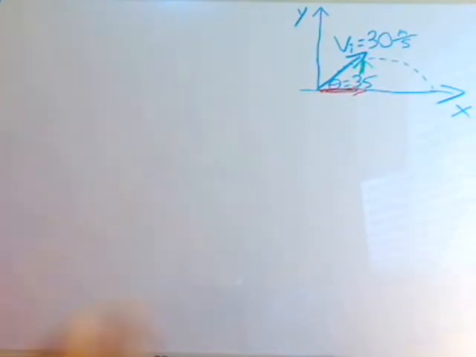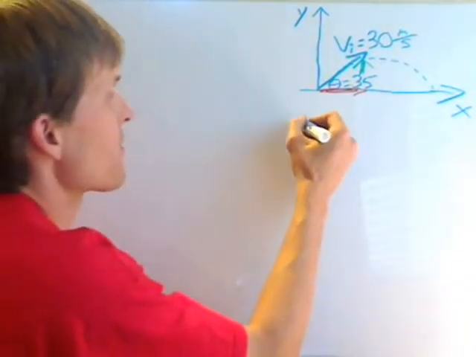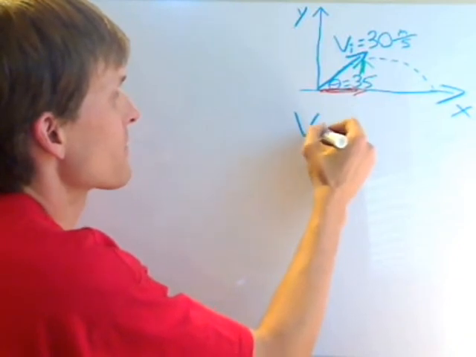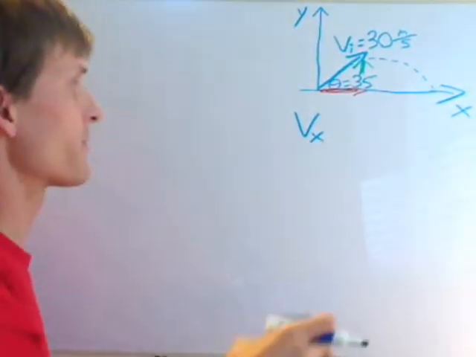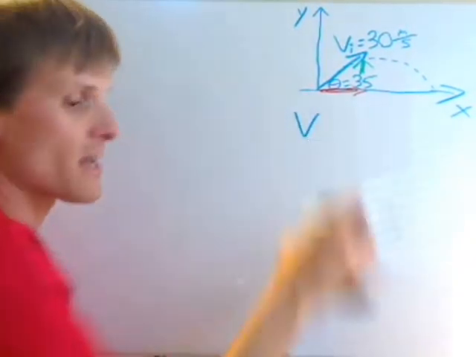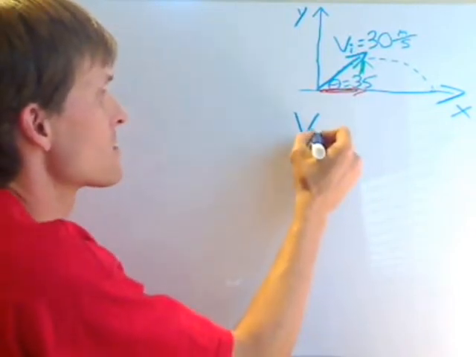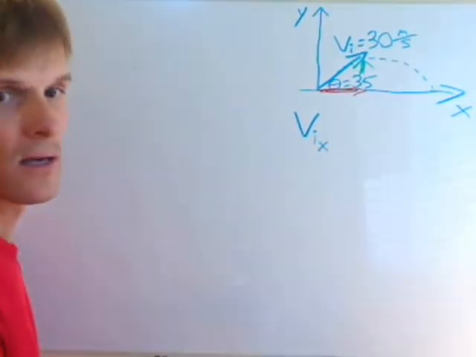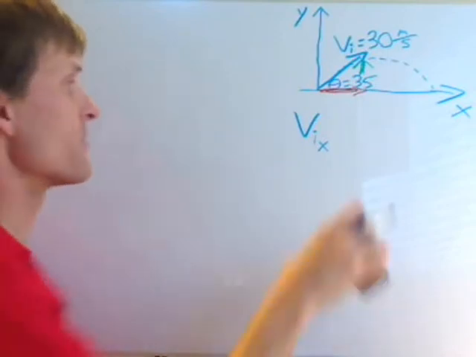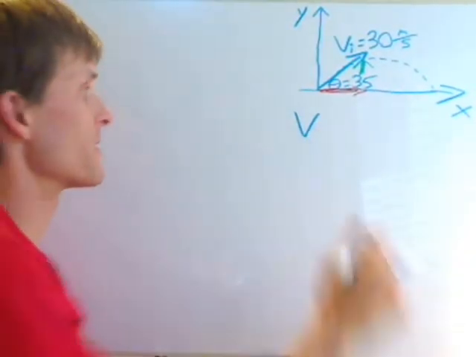So let's go ahead and calculate the x and y components. The x component of this vector, let's just stick with Vx initial. That's probably the best way to do it.